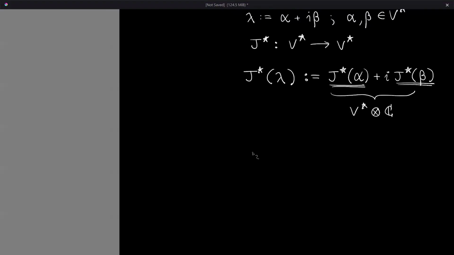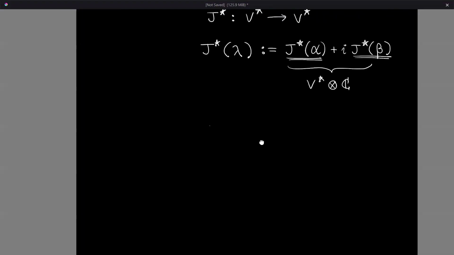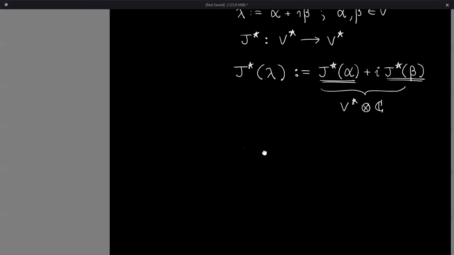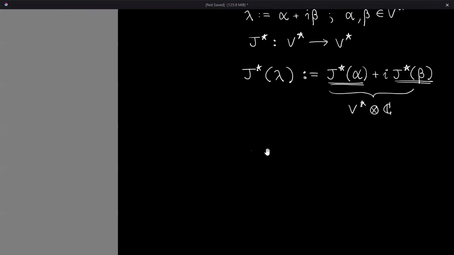So from here we can obtain two subspaces.